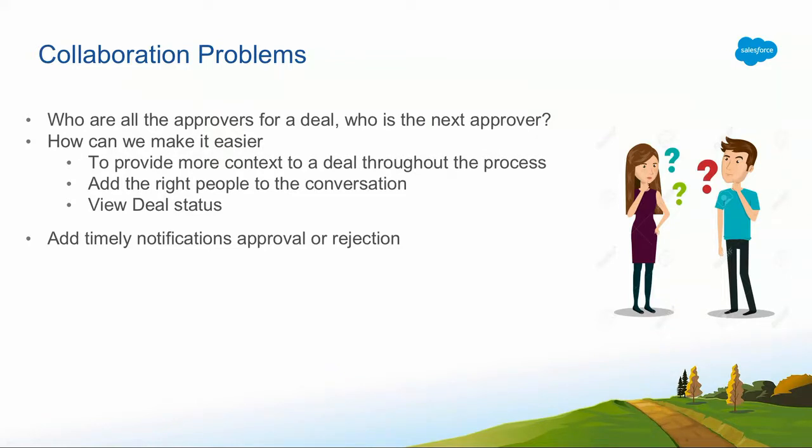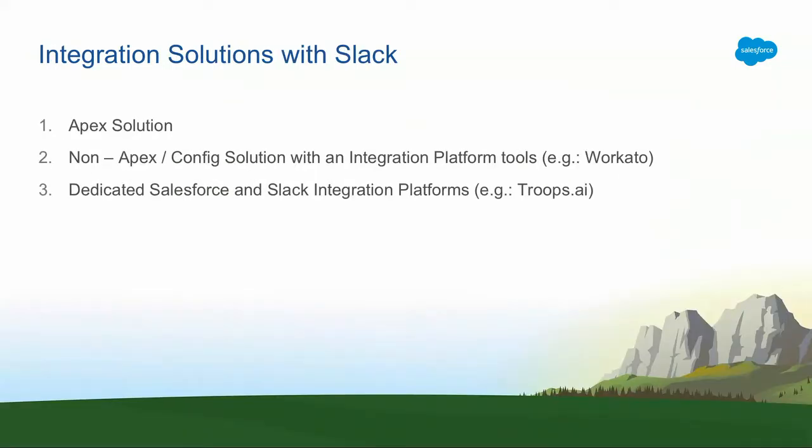So to solve all of these, what we say is obviously integration solutions with Slack. How can you go about doing this? There are 3 ways one can achieve this. First is the Apex solution, which involves writing an Apex trigger, an Apex class, and doing HTTP web service callouts. Second is the non-Apex solution, a config solution with an integration platform tool, Workato being one of them.